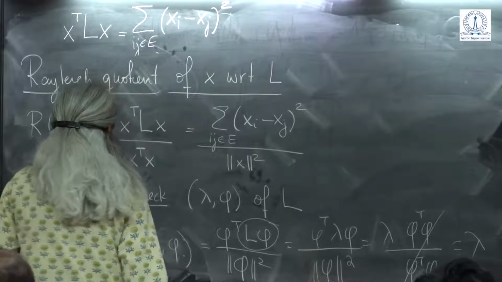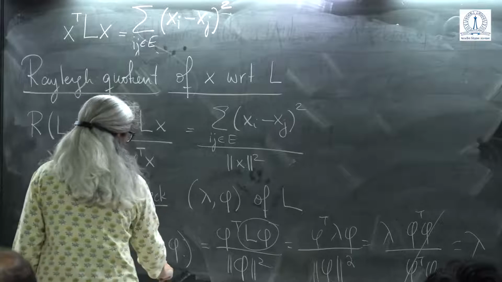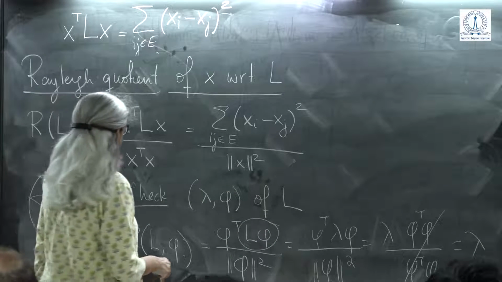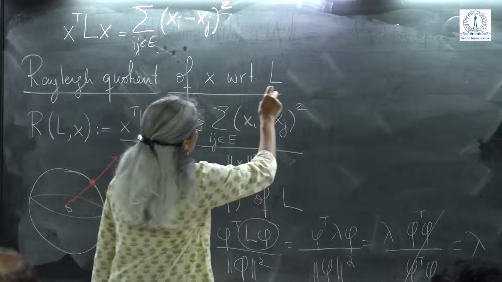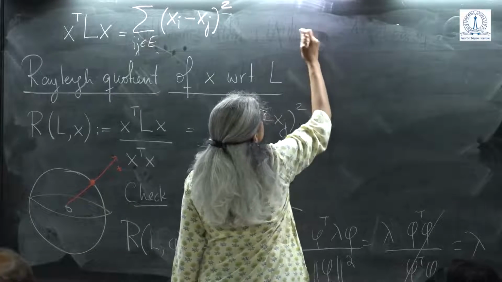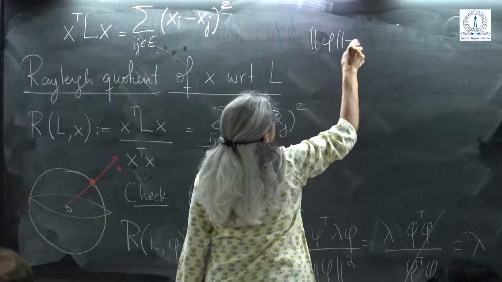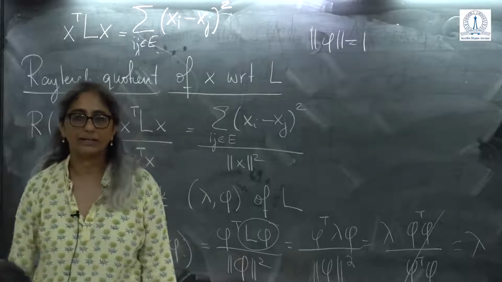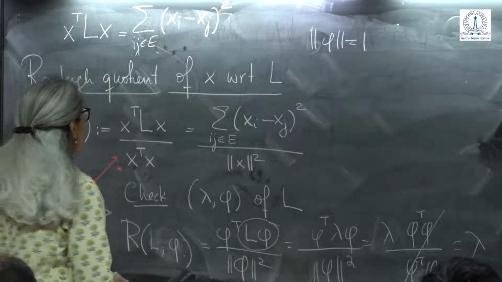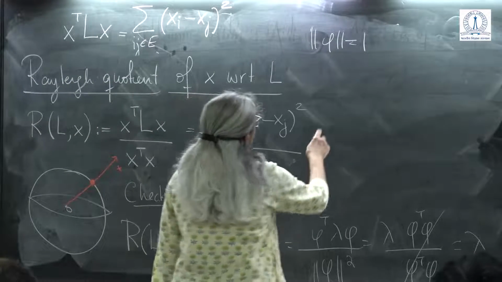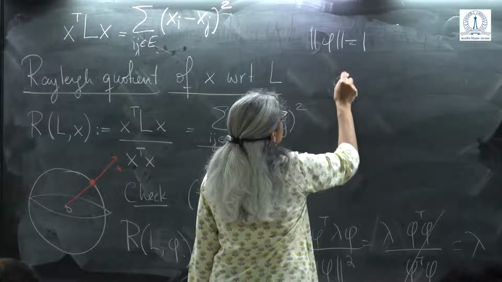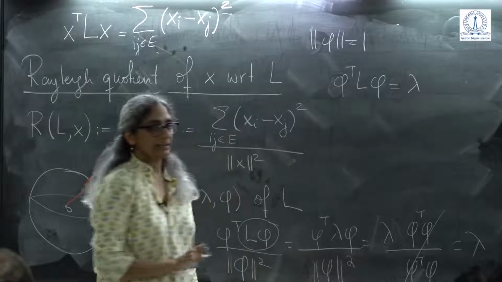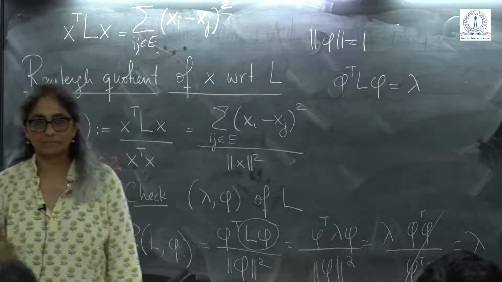Okay, so this is saying this, okay? So that R L phi is lambda. Okay, so now let's do one more thing, right? So suppose for a moment, let's just make things simple. Let's assume that our eigenvector is unit norm, okay? So we will often use this. We can, right? Why not? So then phi transpose L phi is just the eigenvalue, right? Because the bottom is just 1.